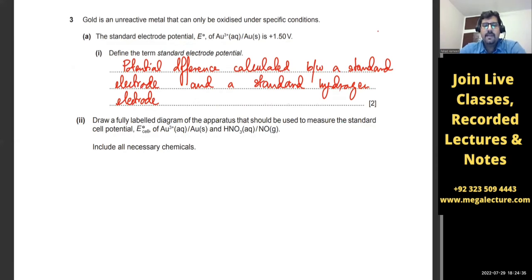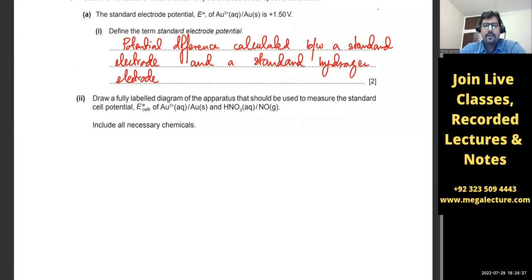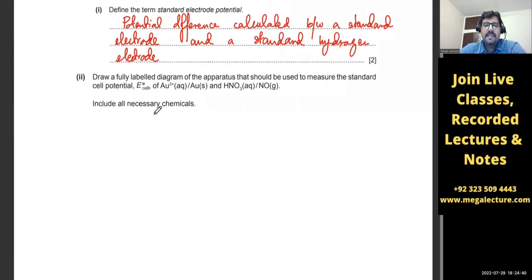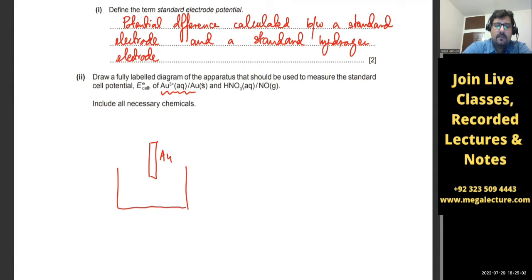I said draw a fully labeled diagram used to measure the standard cell potential of this electrode versus this electrode. Now you can see that's a gold ion, which is aqueous, and gold. So that electrode is the gold, Au, and your solution will have Au3+ ions. That's one electrode.